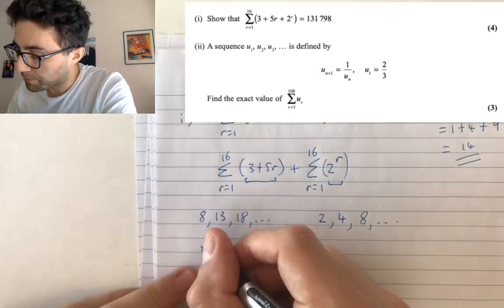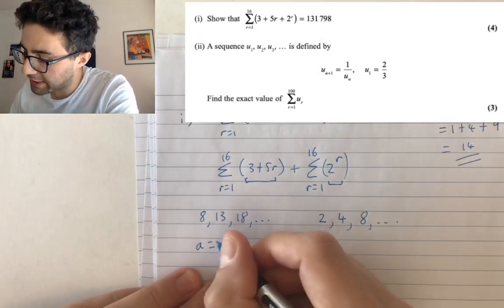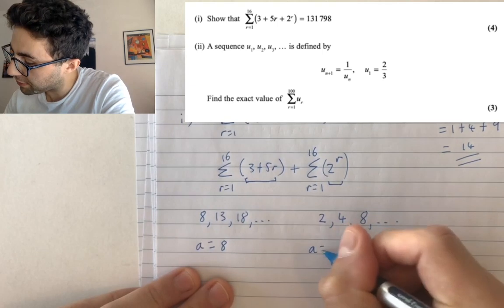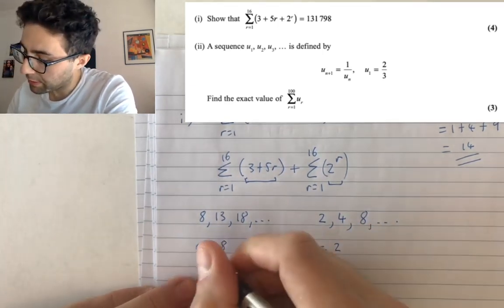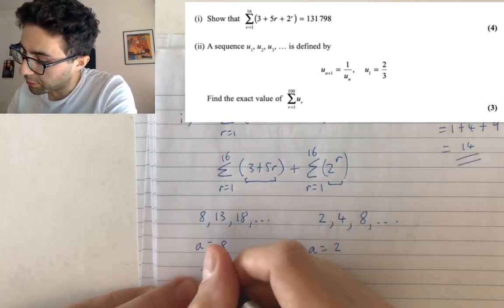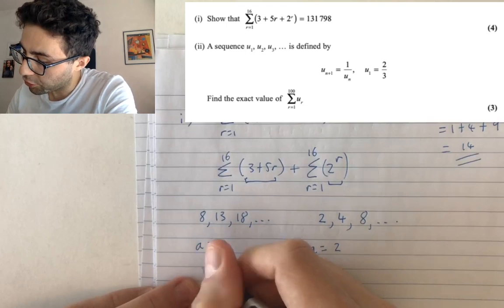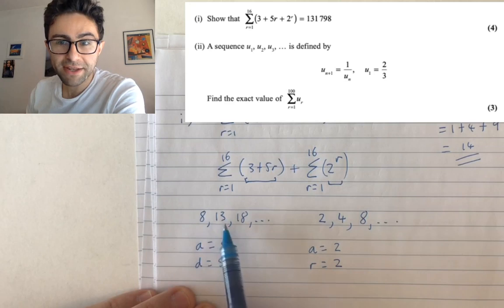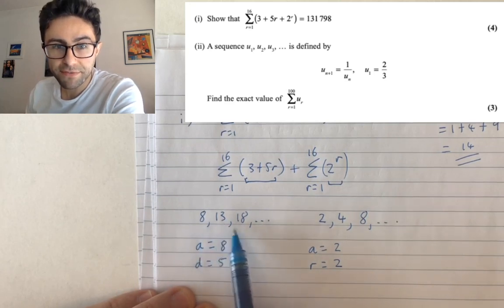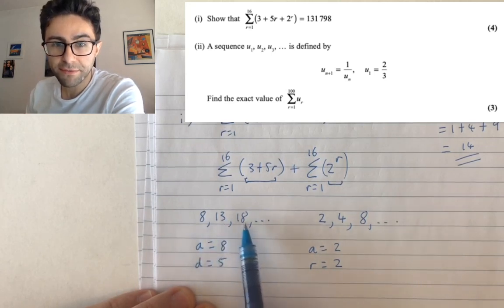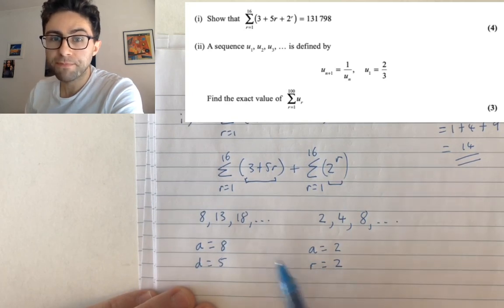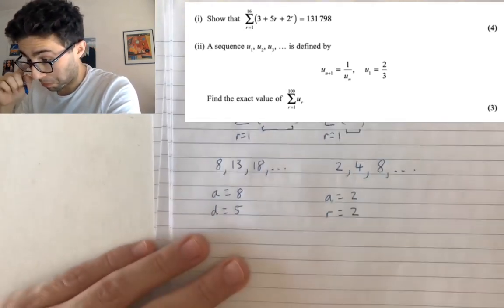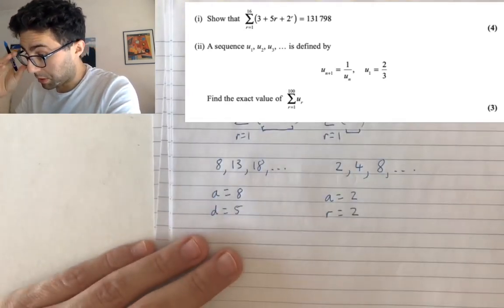Here we go though. The first term here is 8, the first term here is 2. The common difference here is 5, the common ratio here is 2. There's a difference, it's arithmetic, so you're adding 5 every time. Here it's geometric, so you're multiplying by 2 every time. Splendid. So really, anything else we need? Yeah, you could also say n equals 16.